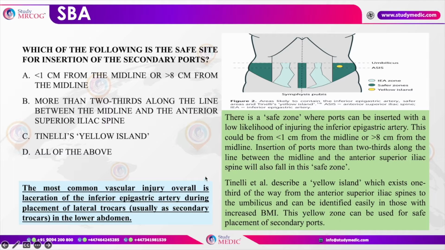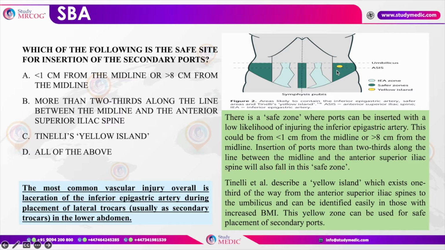And the safe zone where the ports can be inserted with low likelihood of injuring this artery is within 1 centimeter of the midline, and if you take more than 8 centimeter from the midline, insertion of the ports more than 2/3 along the line joining the midline and ASIS. So if you join the line from midline to ASIS, at a junction of 2/3 and 1/3, we have this yellow Tinelli's island.